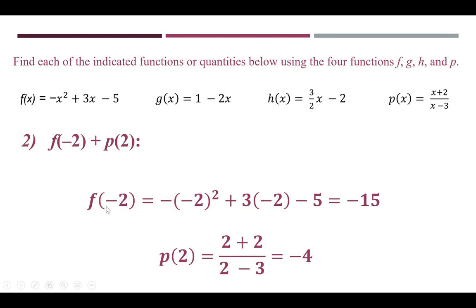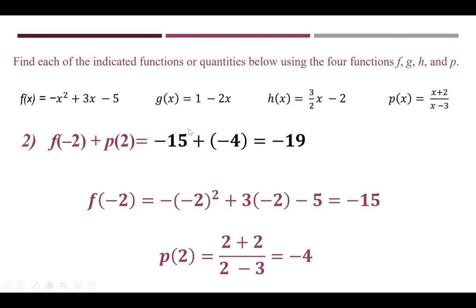So f of negative 2, when I substitute negative 2 in place of x, I get negative 15. When I substitute 2 into the p function, I get negative 4. And you may need to pause this video if you're taking notes.